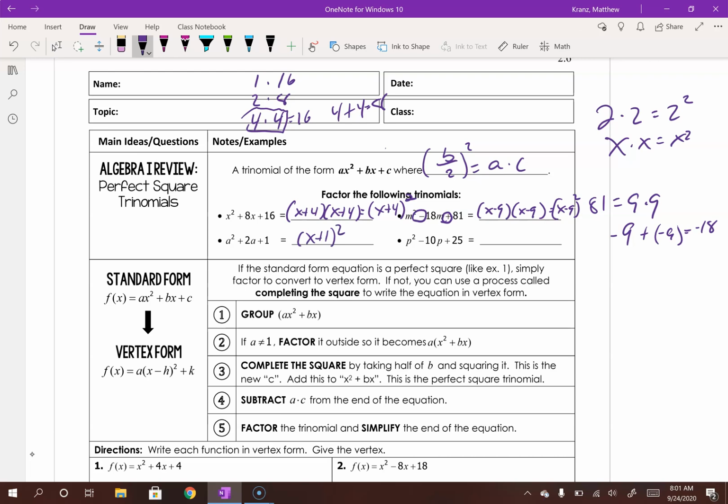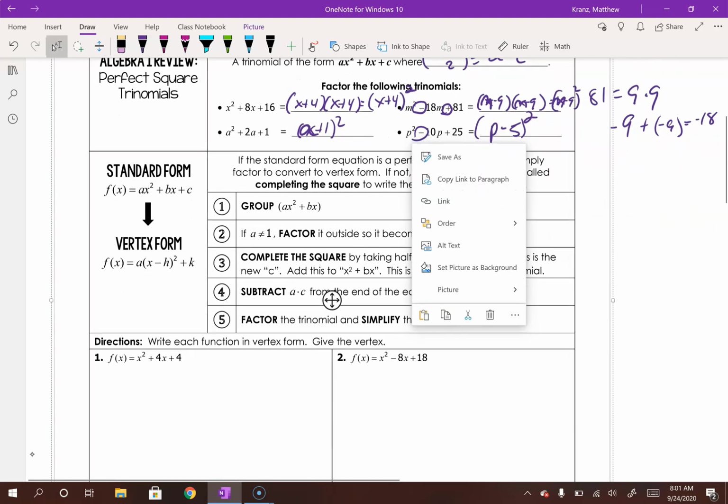The square root of 25 is 5. So I have x minus 5, and you see this is negative, so this will be negative, squared. I'm sorry, it should be a p. And this should be an a. I'm bad with the letters sometimes. This should be m. All right.